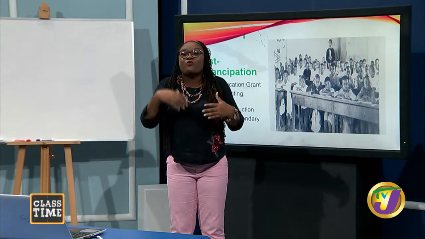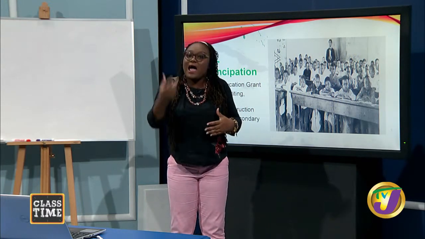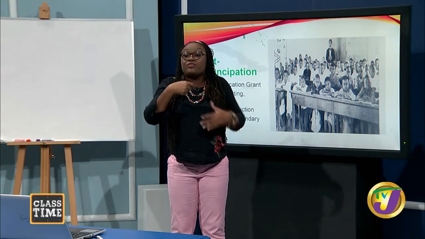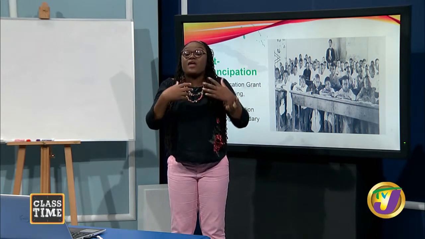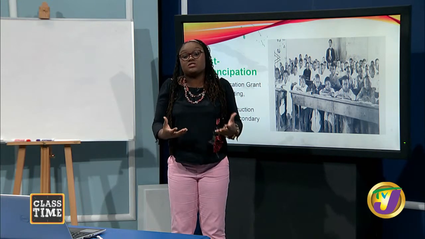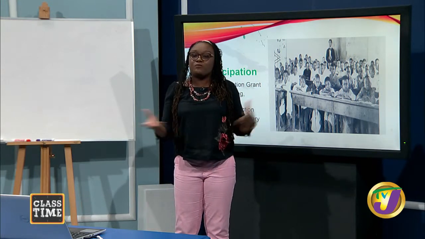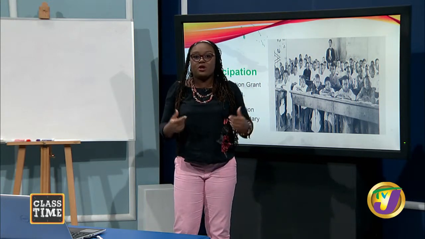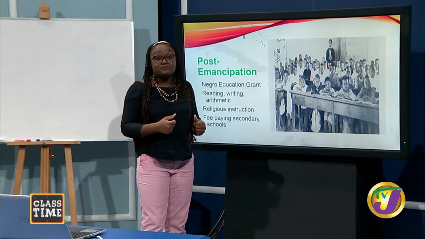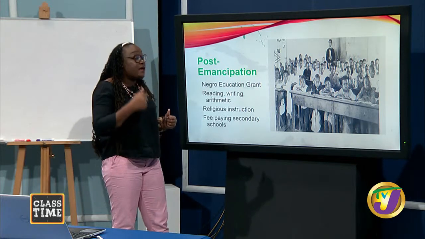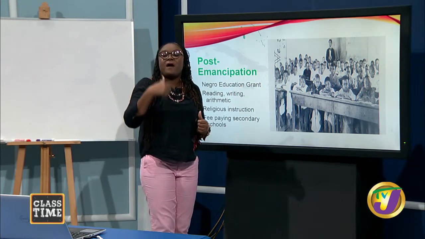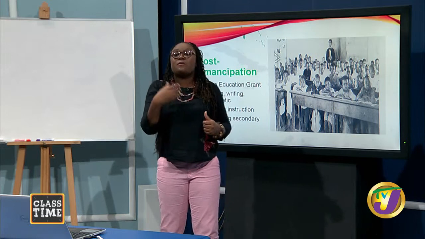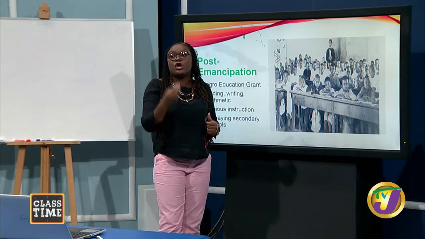So you would have Roman Catholicism or Anglicanism, and they were different. And so they would also help to teach some of the enslaved how to read. Of course, this was banned by the planters, and planters had all kinds of issues with them learning how to read.